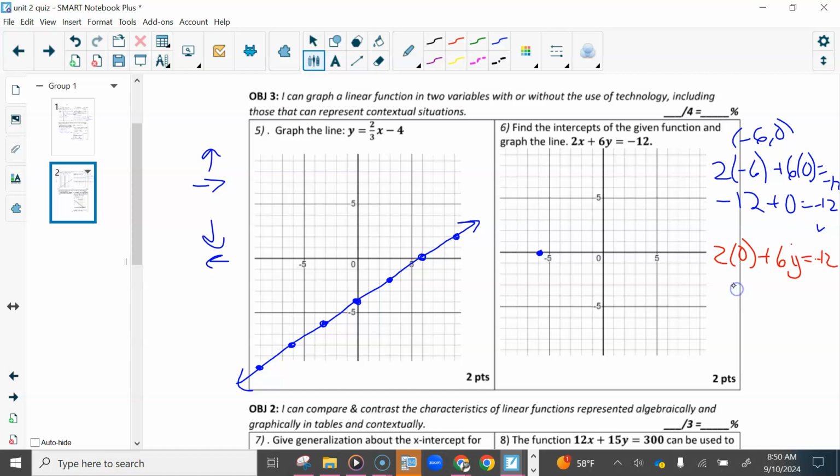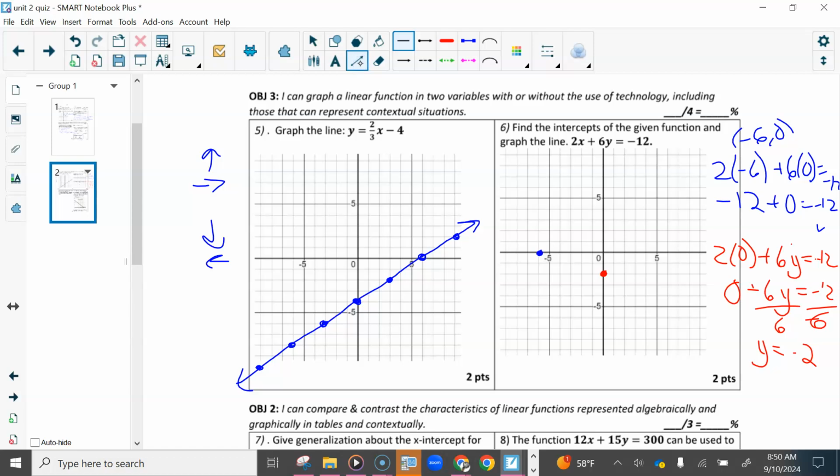I know this is going to be 0. And if I divide both sides by 6, I'm going to get -2. And again, you could check it just to double check. So my line should go through those 2 points. I'm not finding the slope here. I'm just graphing those 2 points.